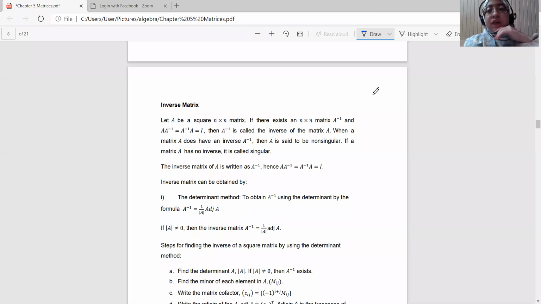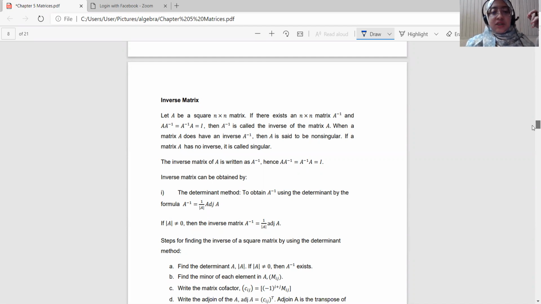Okay, when we come to the topic of inverse matrix for 3 by 3 matrices, it is a bit of a longer process than when we do the inverse matrix for a 2 by 2 matrix. The first thing you have to remember is the steps to get the inverse matrix.